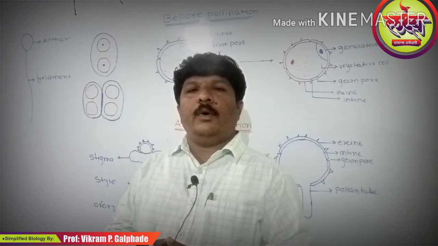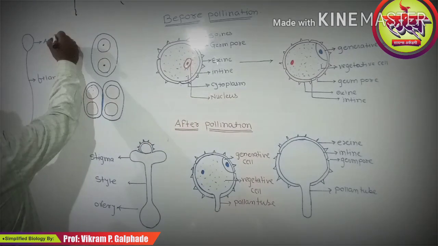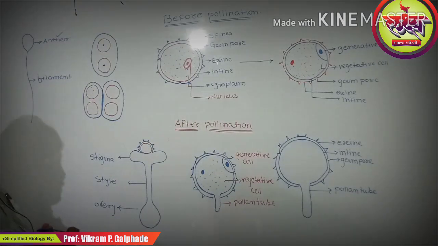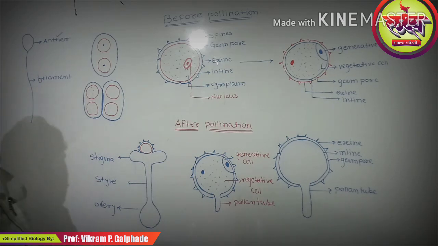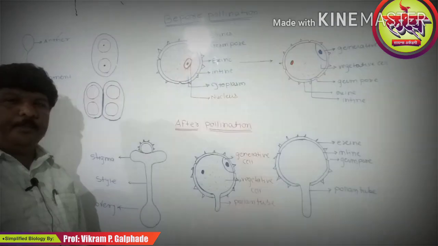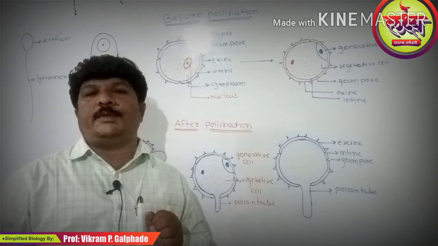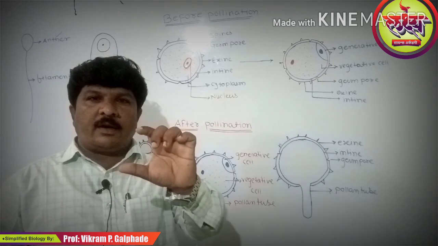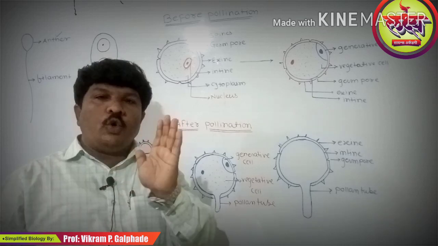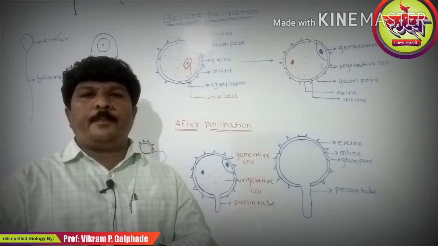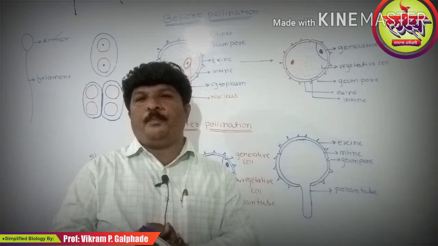It is made up of two parts. The uppermost part is called the anther, and this stalk-like structure is called the filament. Anthers are of two types: monothecous anther and dithecous anther. Monothecous means single lobed and dithecous means bilobed.